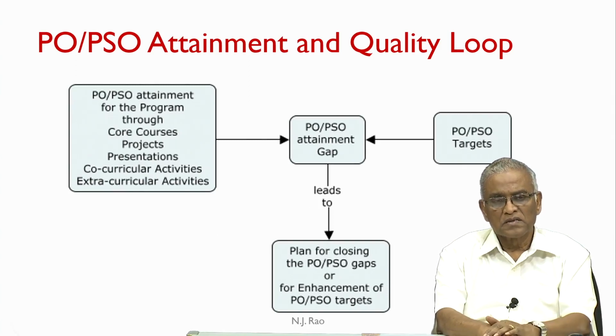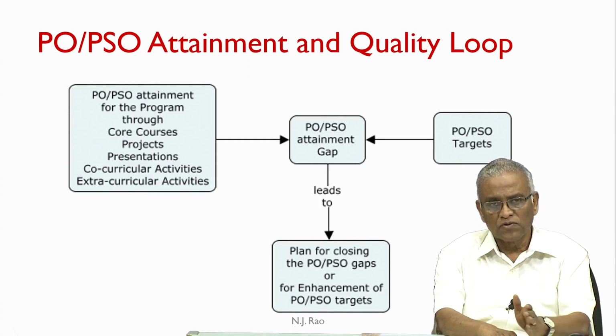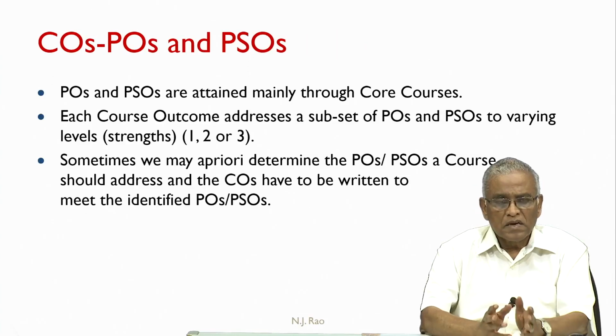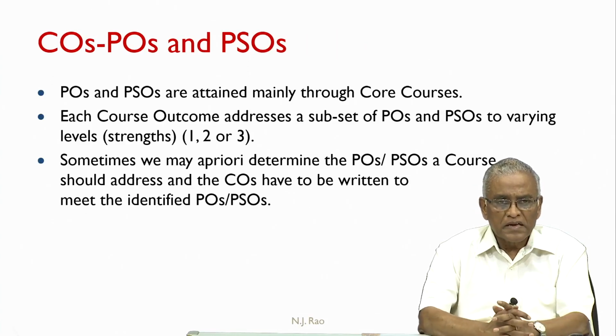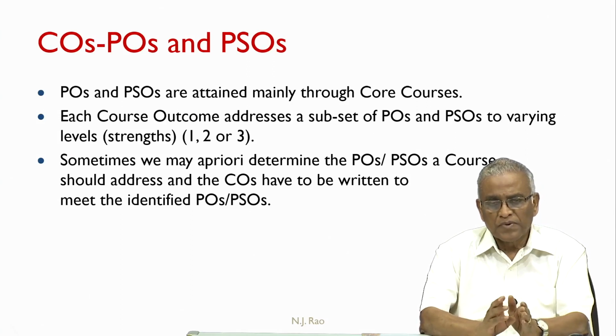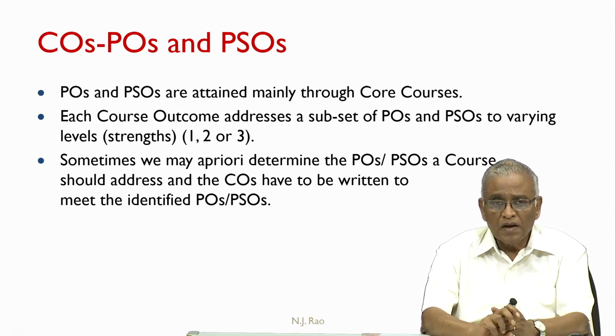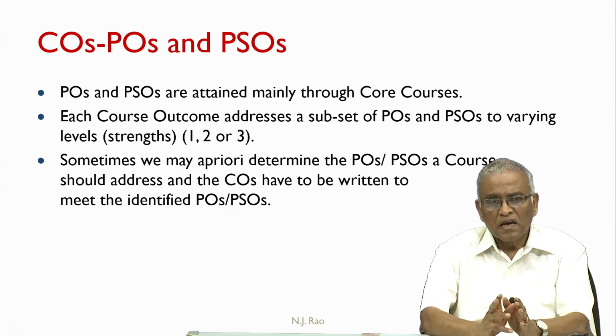That is the same method that we followed for COs. Let us say we tagged each course outcome with POs and PSOs, and we also said a CO can only address a subset of POs and PSOs.